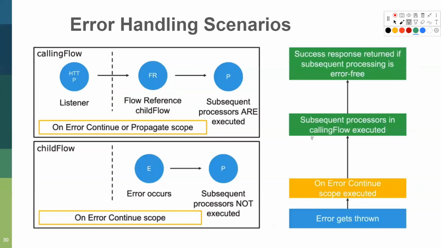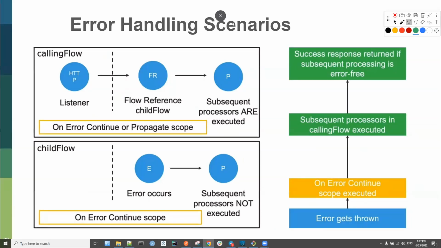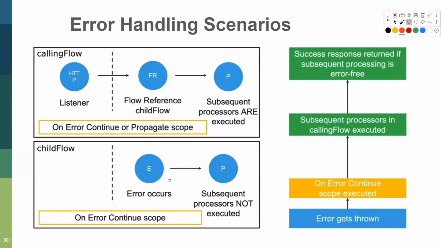Now we have on error continue scope in the child flow. See, now we have on error continue scope in the child flow. So an error happens here at E, like the previous example, so subsequent processors will not get executed. This error will propagate to on error continue scope.